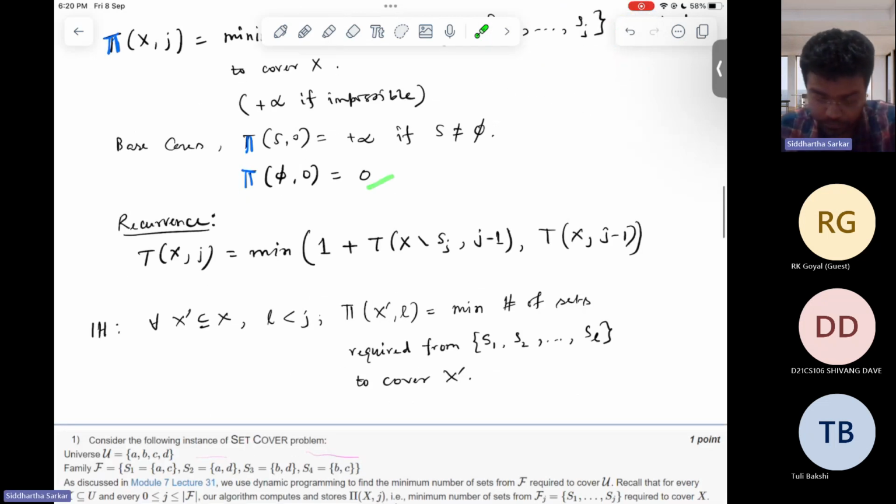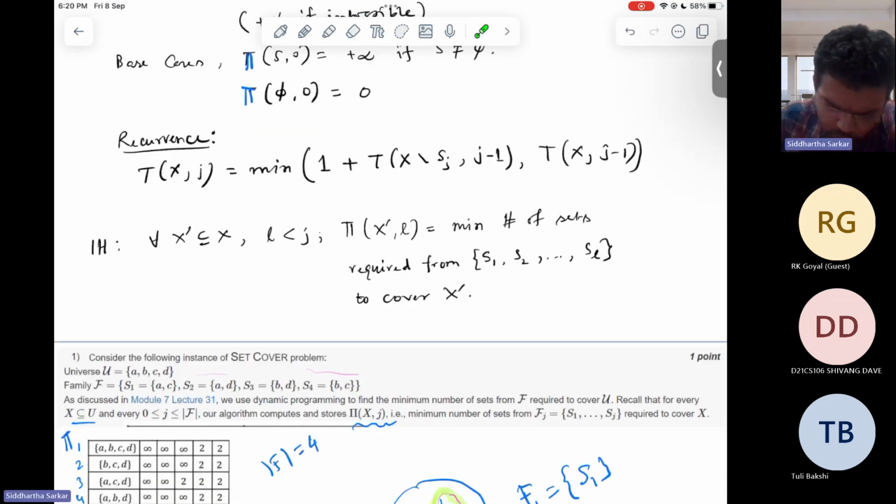The recurrence is the following: if you want to cover some x using S1, S2 up till Sj, you can do two things. Either you pick Sj, which covers some of the elements in X, or you do not pick Sj. So first let's analyze the meaning of picking Sj.